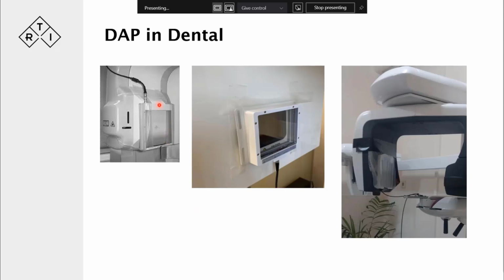In that case, it's just mounting the DAP chamber onto the tube somehow. Most situations use surgical tape to keep it in place on the tube side. This is an interesting one where you have a plastic bag and tape it in place, and that's fine.